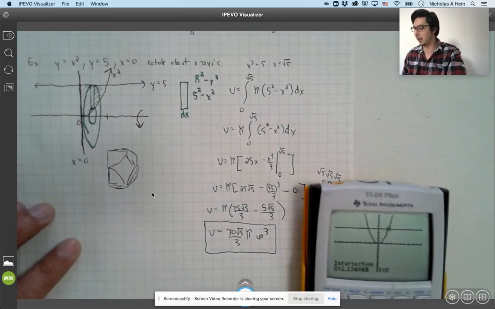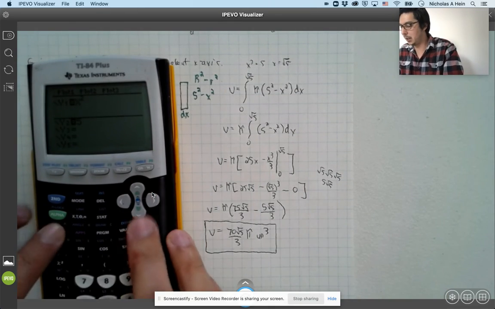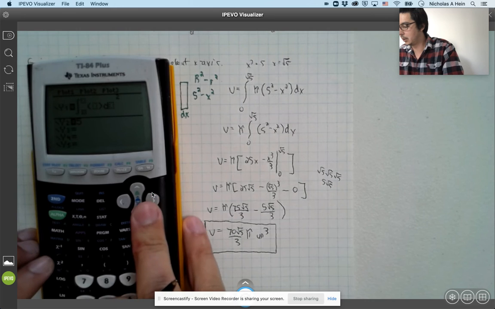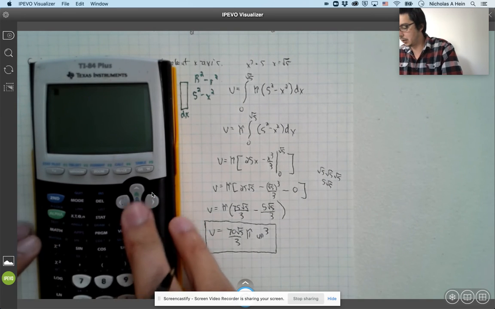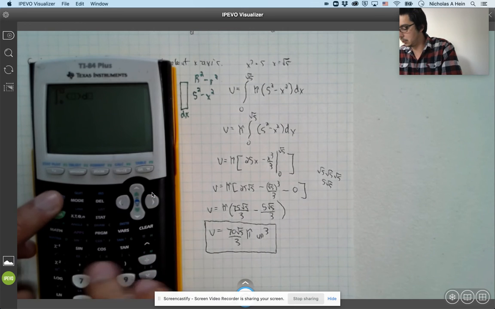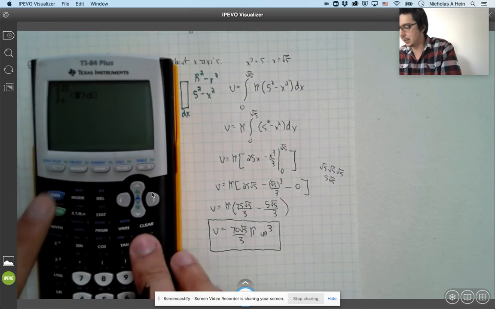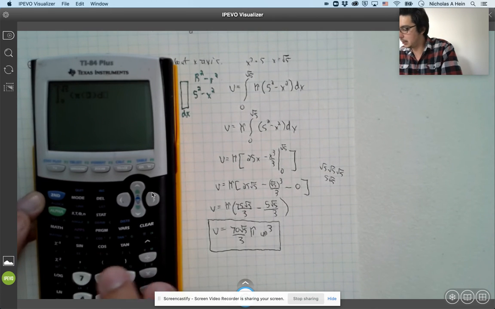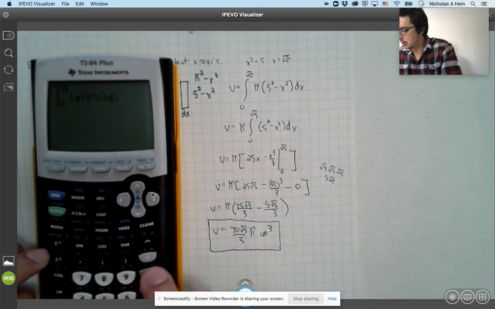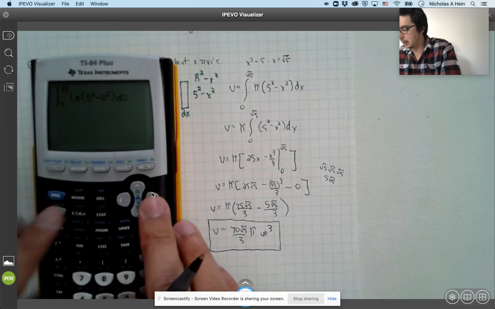Now, check it on a calculator, make sure we did it right. Let's do math function integral from 0 to root 5 of, and in this case, I'll put pi in it this time. Pi times your outer radius squared minus your inner radius squared dx.